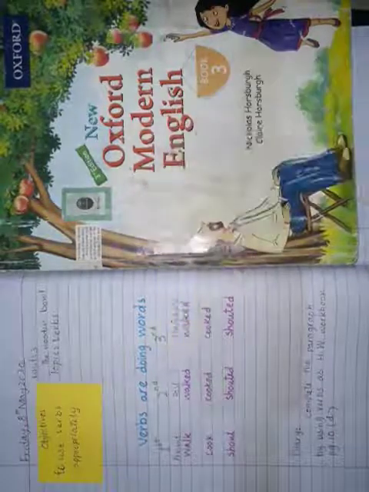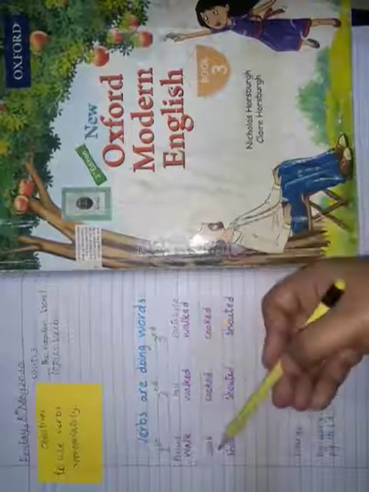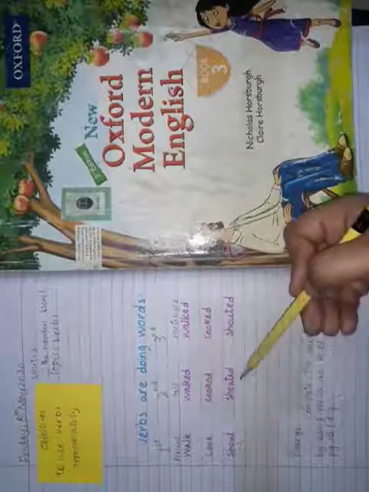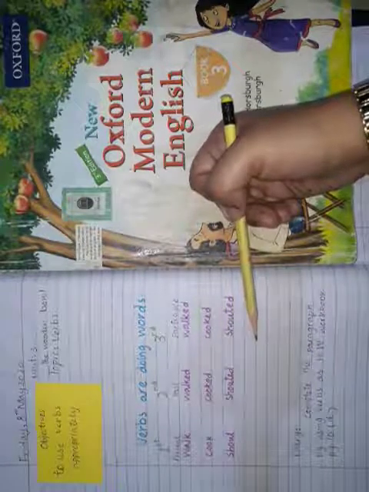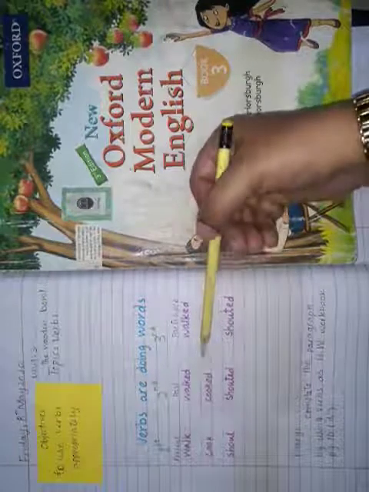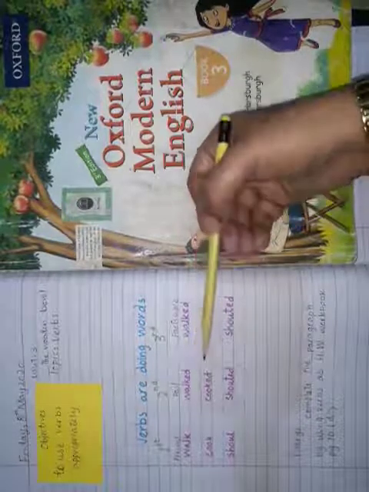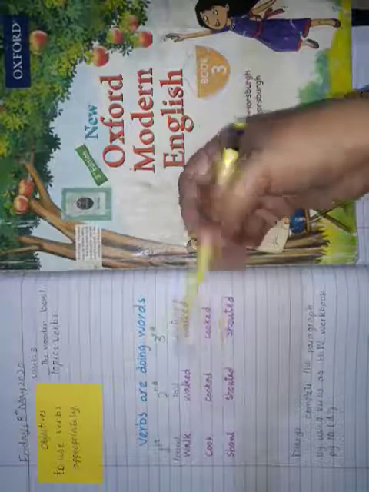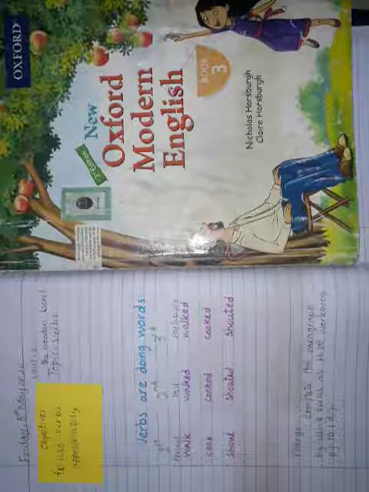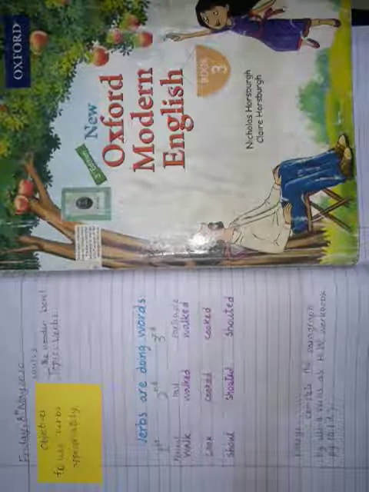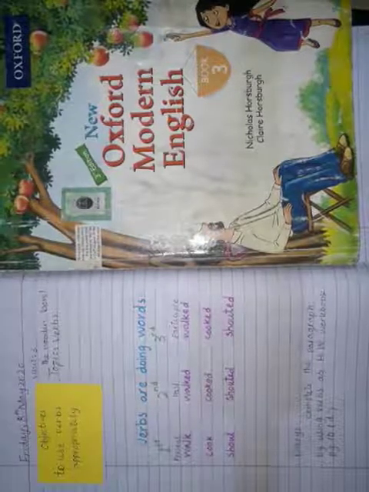For example, walk, walked, cook, cooked, shout, shouted. All of these verbs are regular verbs. Regular verbs are the verbs which make their past by adding ed. And the verbs which make their past by something other than adding ed are called irregular verbs.